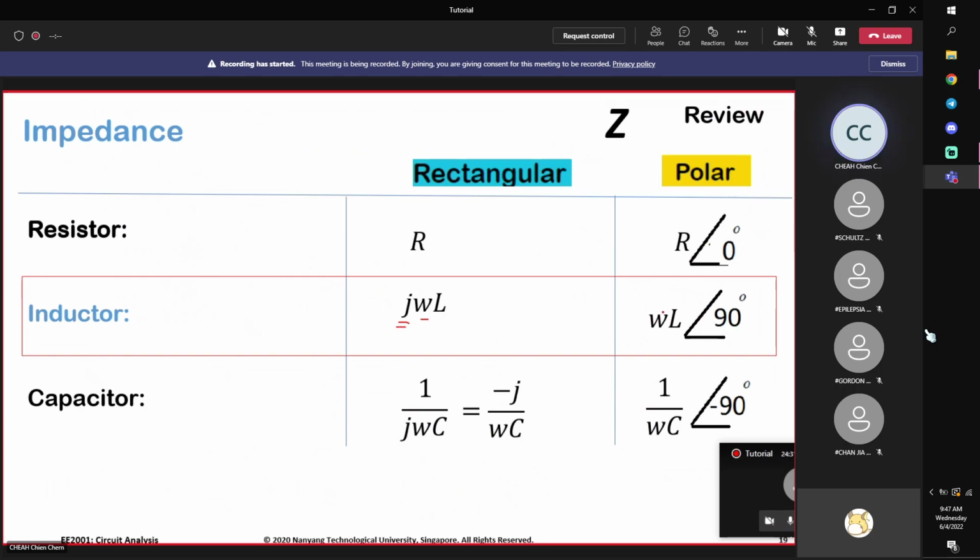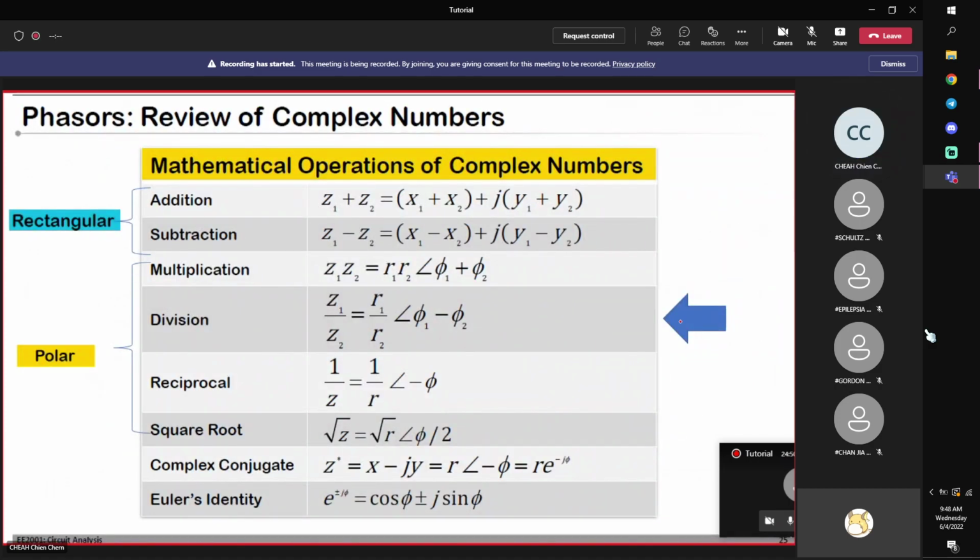In polar form, it is omega L at 90 degrees, because j is on the y-axis, making an angle of 90 degrees with respect to your reference. Therefore, we have a magnitude omega L, angle 90 degrees. Now, we know that if we divide two complex numbers in polar form, we just divide the magnitudes and take the phase angle difference between them.